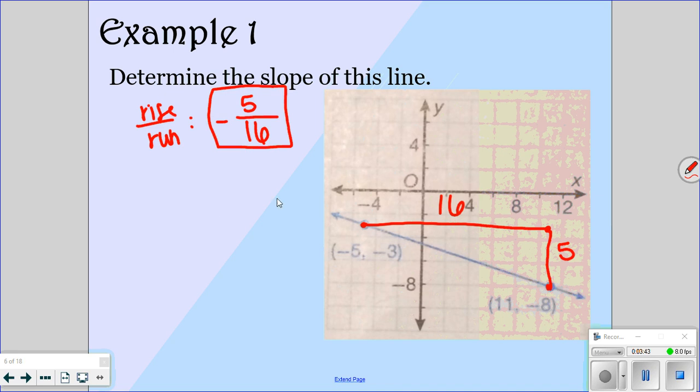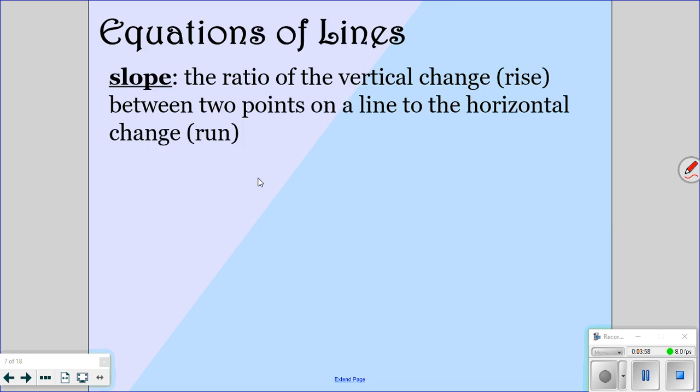If you wanted to think of it as running to the right, the 16 would be positive, and then you didn't rise, you fell by 5, so -5. So either way, you'll still get the -5 over 16. So slope, it's the rise over the run, the ratio of the rise to the run.